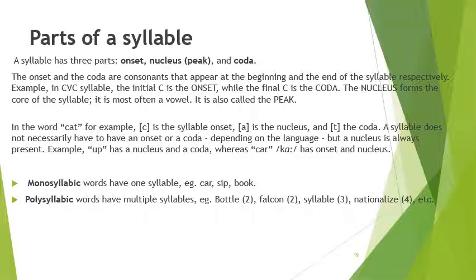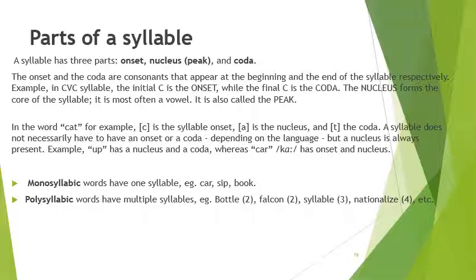A syllable does not necessarily have to have onset and coda, depending on the language. Yes, the two elements, that is onset and coda, are optional. It depends on the language. You can have onset and coda, and you can also not have onset and coda. The most important part of a syllable is always the nucleus or the thick, that is the vowel sound.